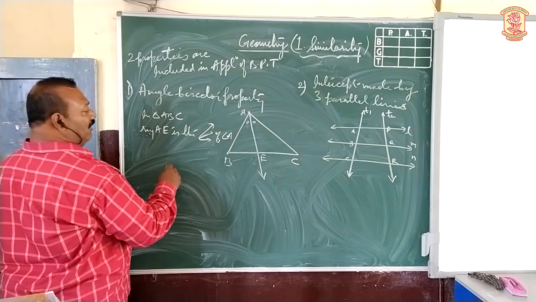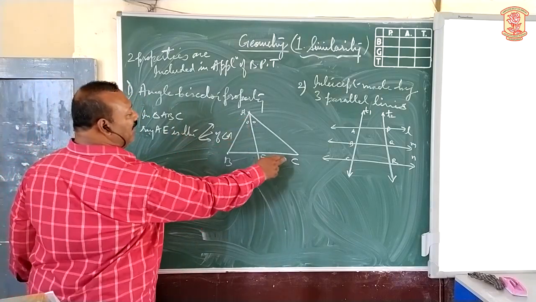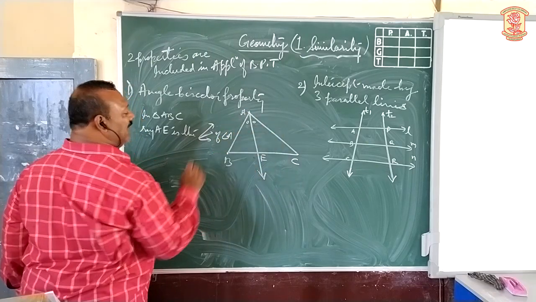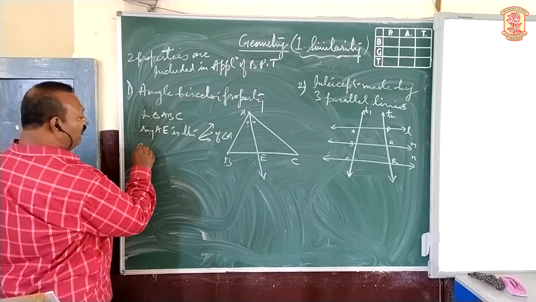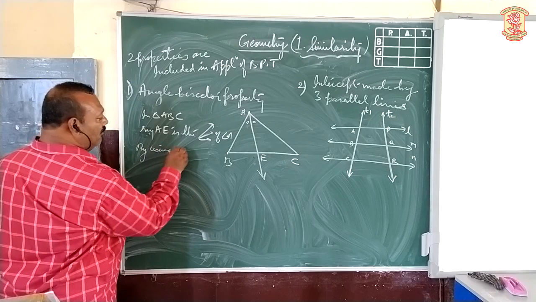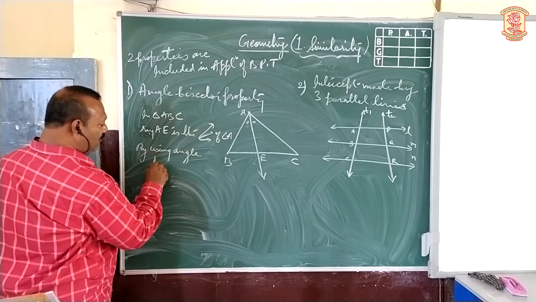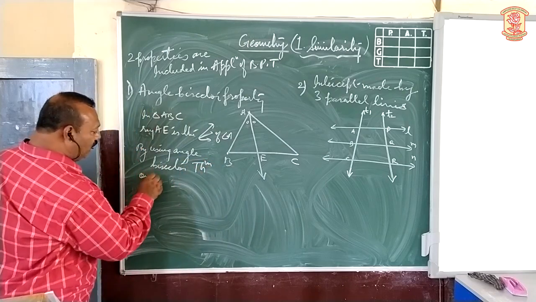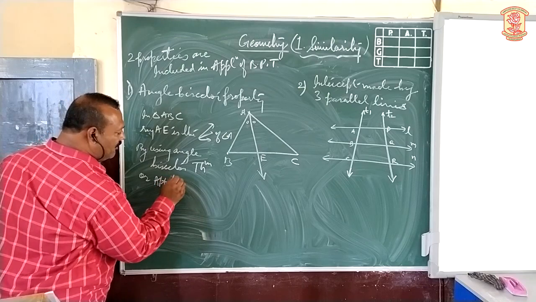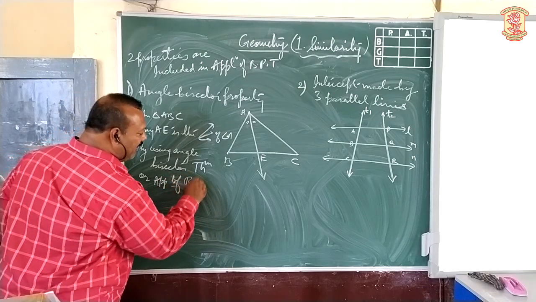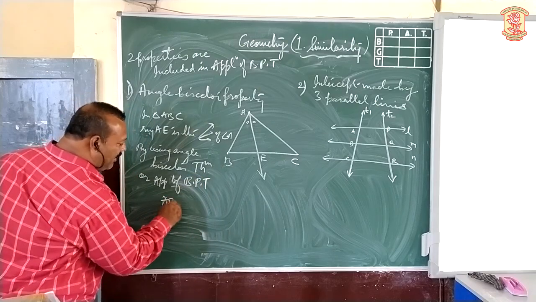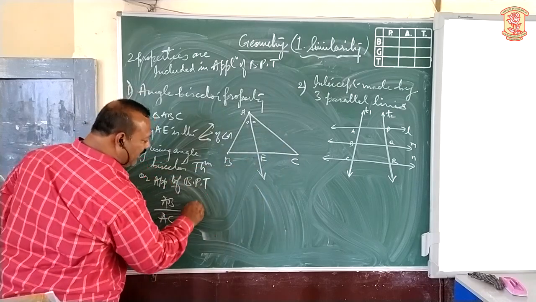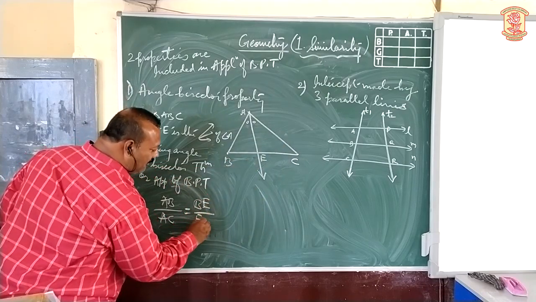Now what ratio will come? The statement says in any triangle, the angle bisector divides the side opposite to the angle in the ratio of the remaining sides. For example, by using angle bisector theorem, or it is also called application of BPT, the property will be AB upon AC equals BE upon EC.